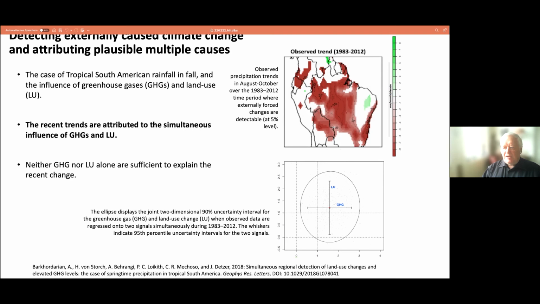So this is, you see mostly Brazil and Peru, and so it's cut off north of Montevideo, or Uruguay, and also the northern states are somewhat cut off. Anyway, here we talk about observed precipitation trends in this tropical sector of South America, and this is August to October, and here we look at the period 83 to 2012.